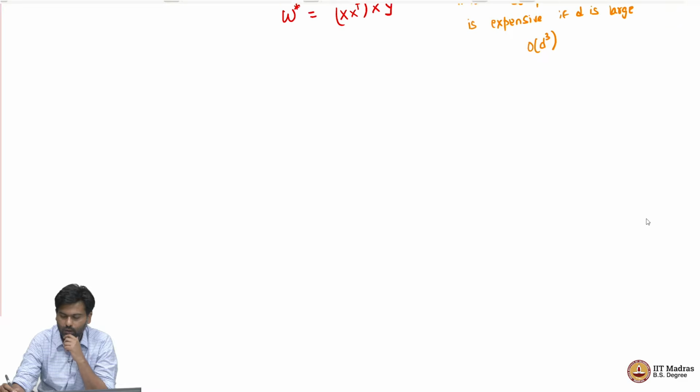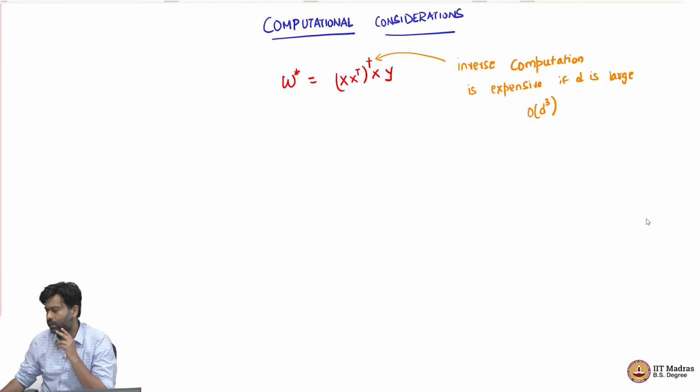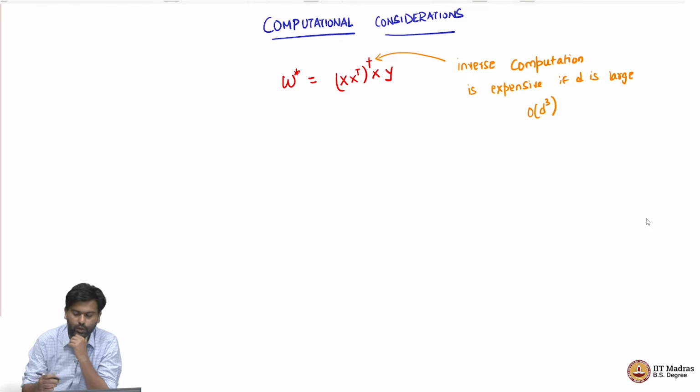Now the question is, if we cannot do this inverse, then how can we solve this problem? We know that this is the solution, yet we cannot compute it because D is large. Maybe D is a billion, so you have a billion features, and you cannot easily invert a billion cross billion matrix. It's going to take too much computational effort.